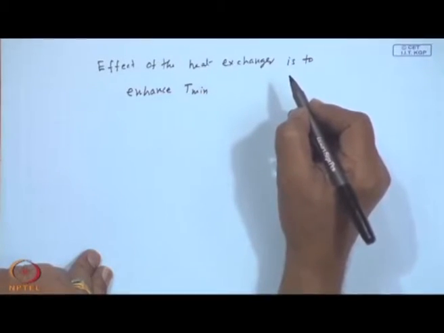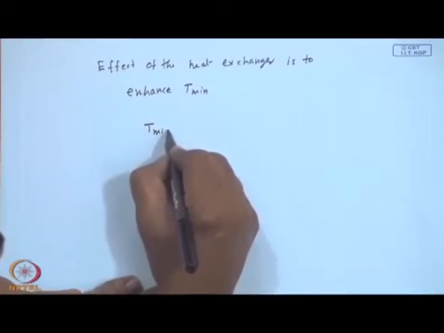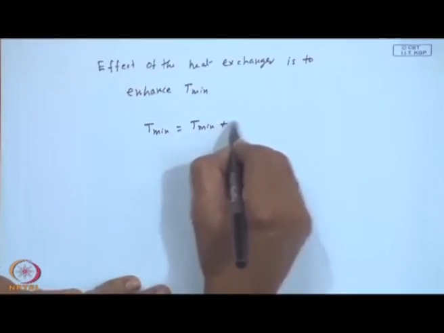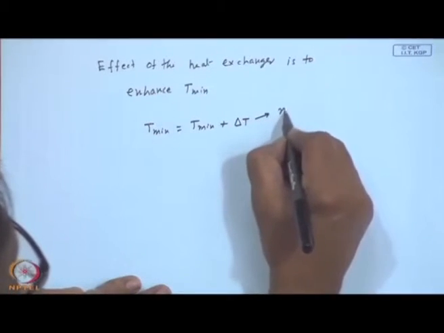Since there is a temperature drop across the load heat exchanger, the collector will be required to supply energy not at T minimum, but at a temperature higher than T minimum. The new T minimum will be the original T minimum, which is our 60, plus a delta T not known a priori.